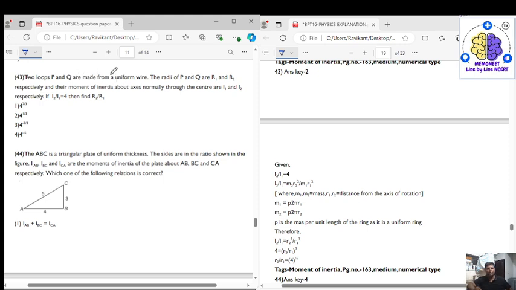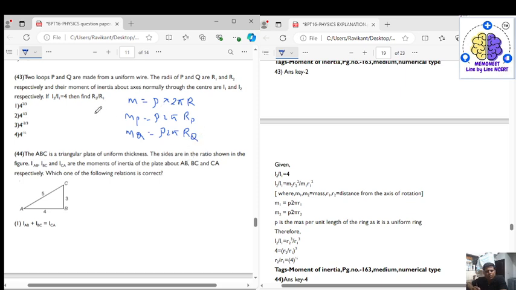See, if P and Q are made up of the same uniform wire, then their mass will be equals to, let's say, rho, which is mass per unit length, into length, which is 2 pi r. So mass of P will be equals to rho into 2 pi rp, and mass of Q will be equals to rho into 2 pi rq.